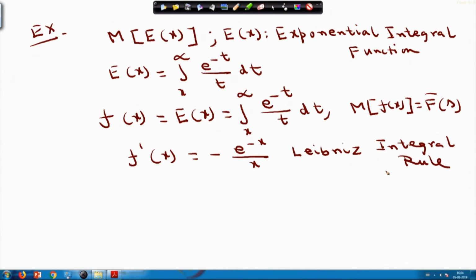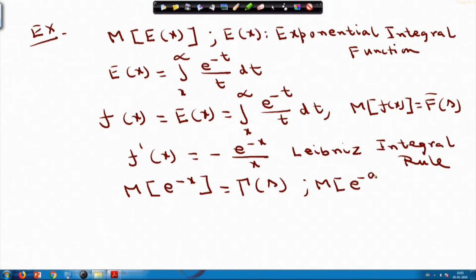Now, if you recall, in the last lecture we found that the Mellin transform of e to the power minus x is gamma s by a to the power s.